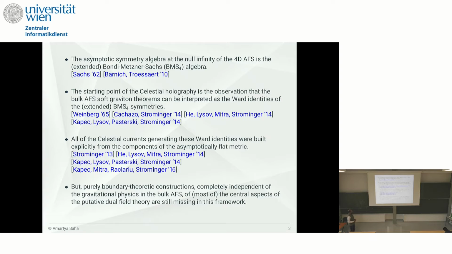But a purely boundary theoretic construction that is completely independent of hints from gravitational physics is missing for most of the aspects of celestial CFT. So here I will try to show that you can abstractly define Carrollian conformal field theory and try to find some aspects of the bulk gravitational physics just from symmetry principles.